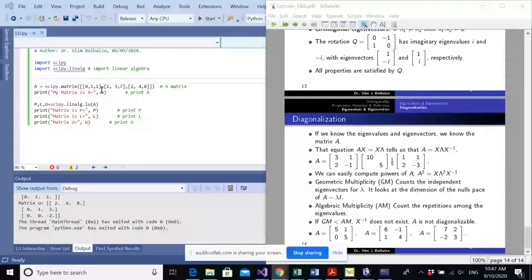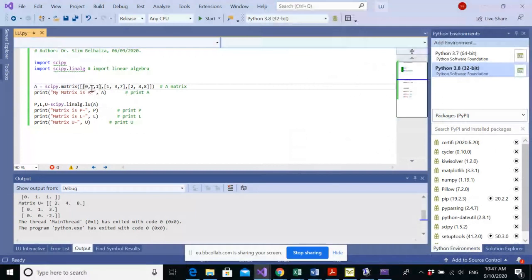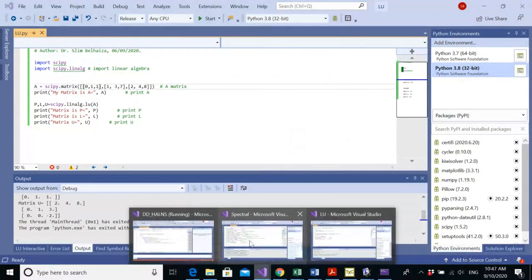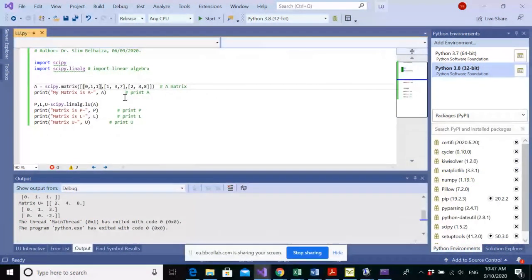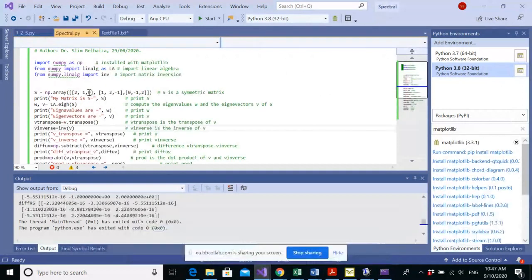So here I'm working on my spectral code, and I'm trying to check whether things could work if I insert one of these matrices, the one for which we do have the repeated eigenvalues.